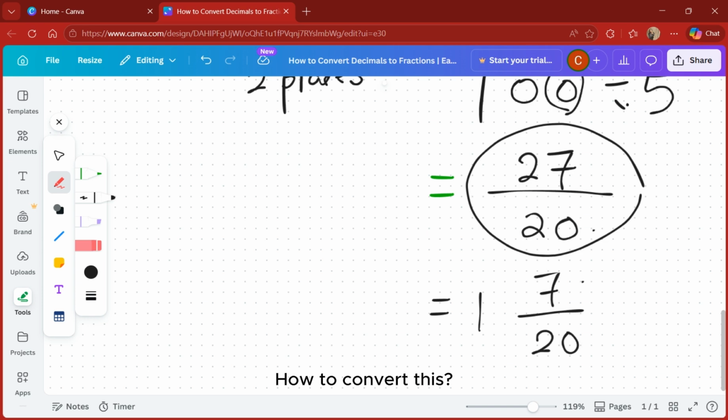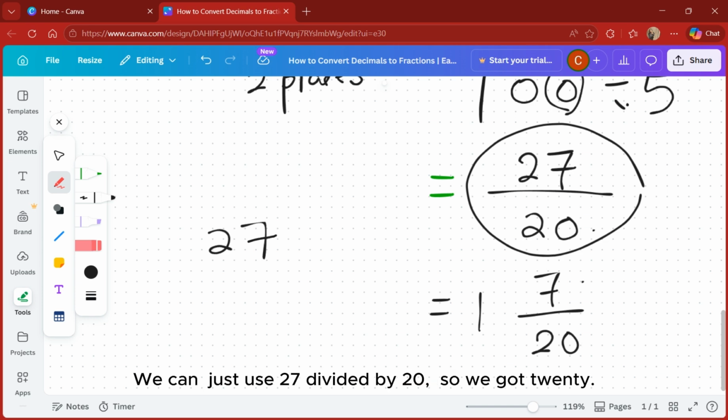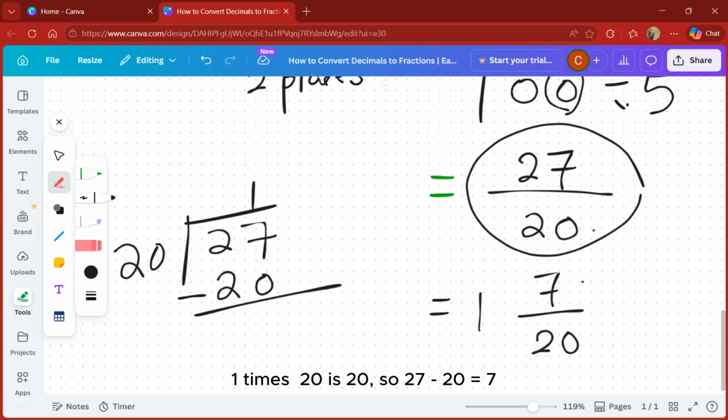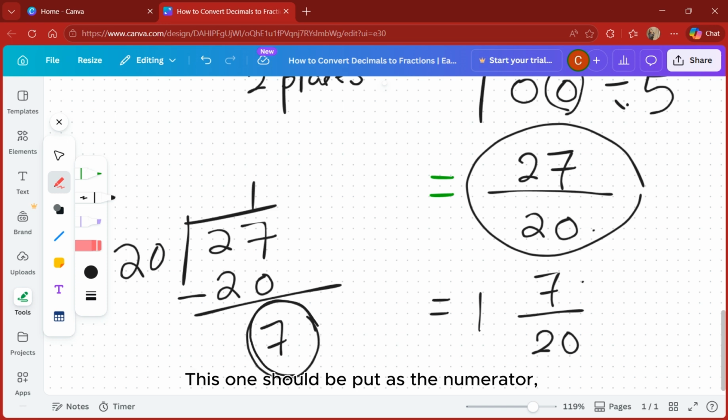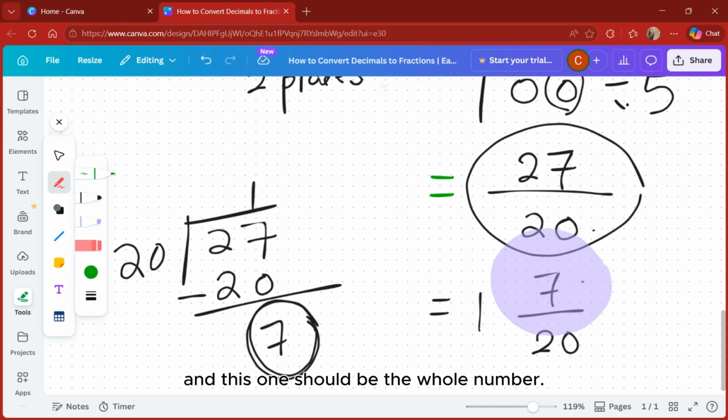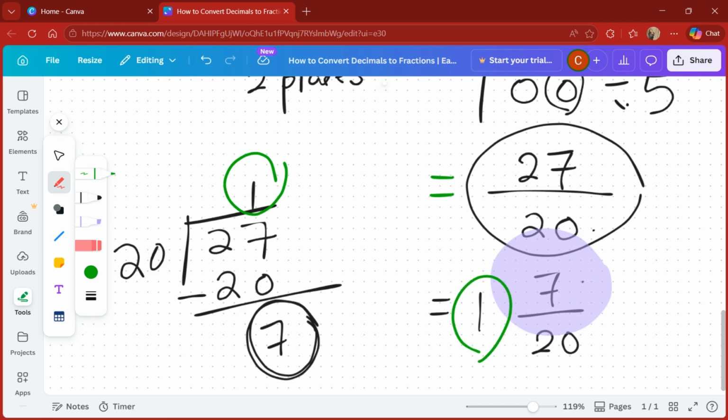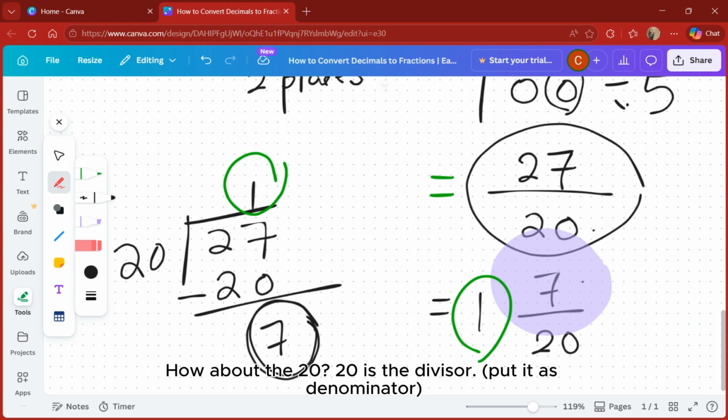How to convert this? We can just do 27 divided by 20. So we got 1. 1 times 20, 20. So 27 minus 20, the remainder is 7. So this one should be put as the numerator. And this one should be the whole number. How about the 20? 20 is the divisor.